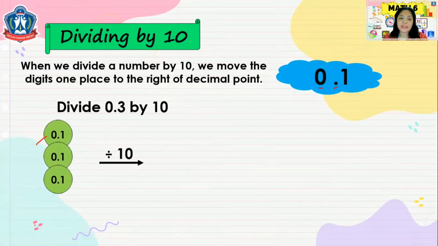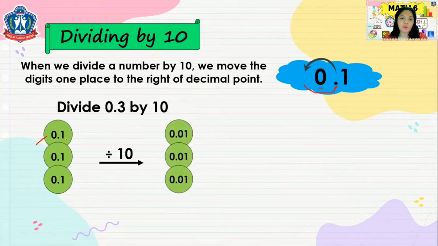It means the decimal point will move to the left. So this decimal point will move here. So this is equal to 0.01. So 0.1 divided by 10 is 0.01. So if you have 0.3, this is 0.03.